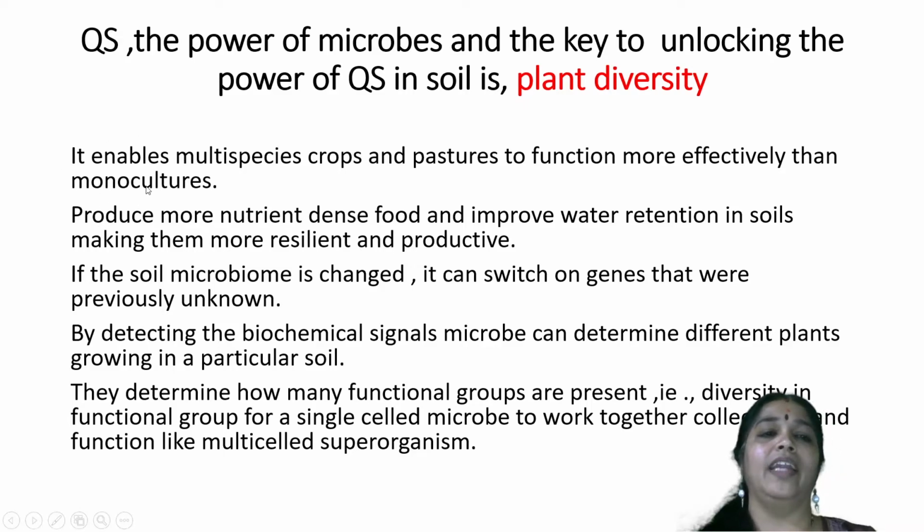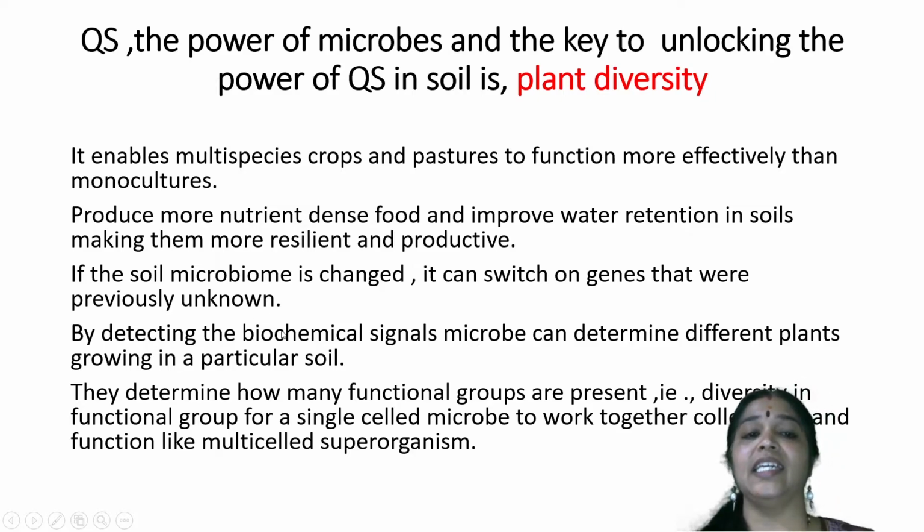Now, it enables multi-species crops and pastures to function more effectively than monocultures, produce more nutrient-dense food, and improve water retention in soil, making them more resilient and productive. See how powerful they are. If the soil microbiome is changed, it can switch on genes that were previously unknown.